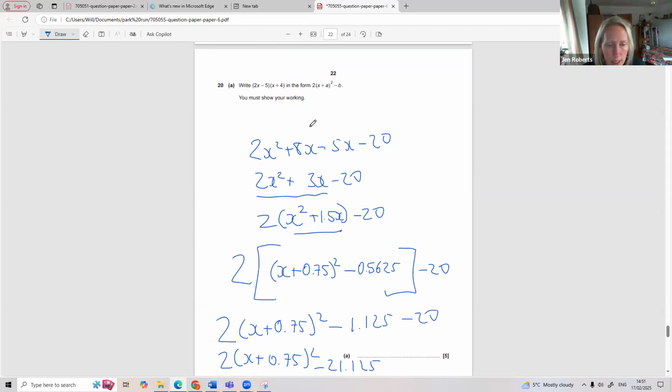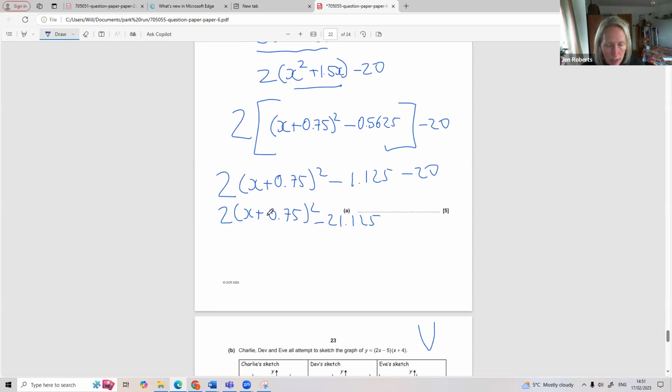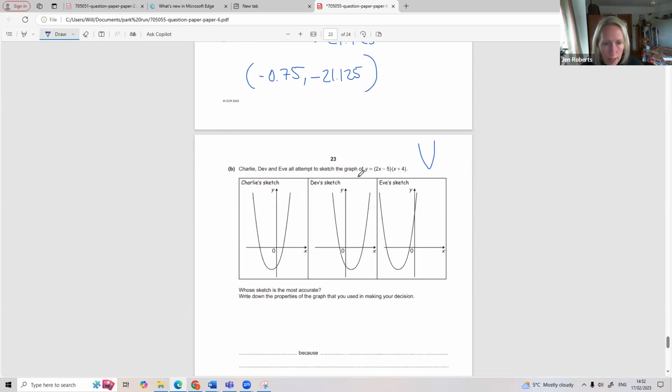The minimum point is at 0.75. No, is it minus 0.75? You need the opposite sign here for your x value. And minus 21.125. Those are the coordinates of your minimum point, which cannot be Dev's sketch because you've got a positive x value here. So it could either be Charlie's or Eve's.